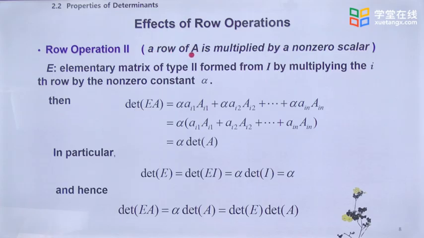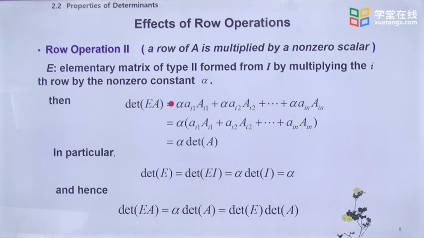Now we consider row operation 2, where a row of A is multiplied by a non-zero scalar. Here, let us denote E to be the elementary matrix of type 2 formed from the identity matrix by multiplying the ith row by the non-zero constant alpha. So we find the determinant of EA. We do its cofactor expansion along the ith row.